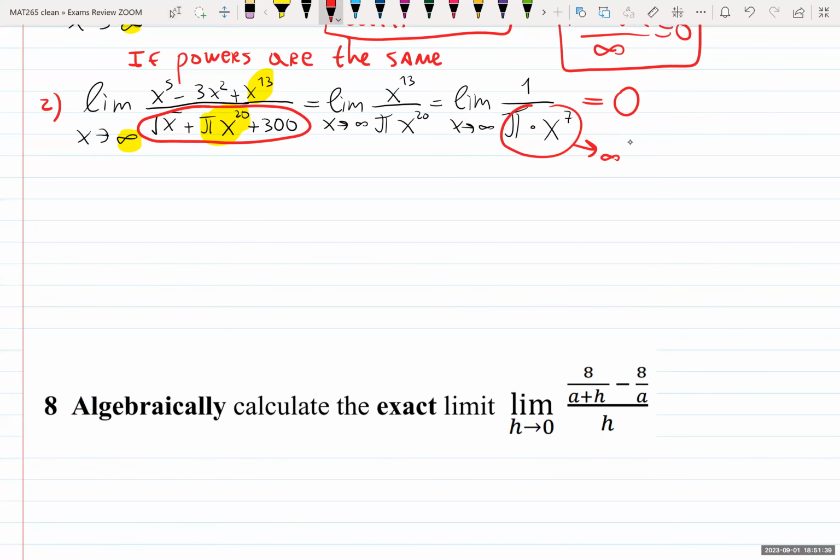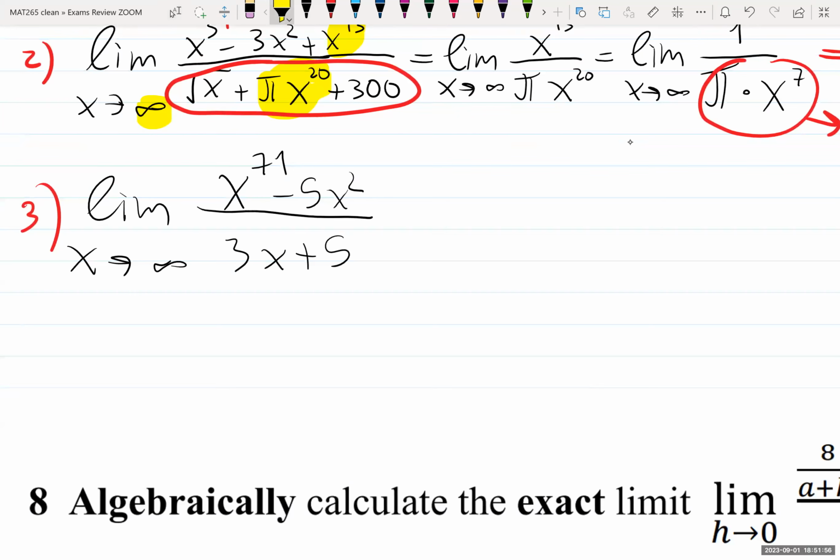Let me write down a short one so we don't spend too much time on this: the limit of x to the 71 minus 5x squared over 3x plus 5. Well, definitely the top is super fast. There's nothing the bottom can do to win that. That means the numerator expands faster than the denominator.